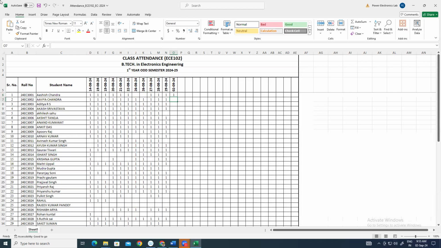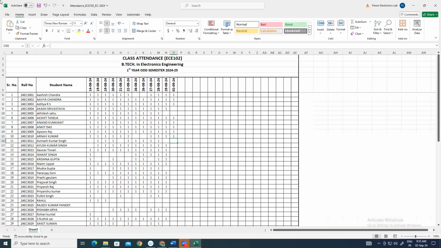Avya, present, sir. Aditya, present, sir. Akshit, present, sir. Anand, present, sir. Ankit, present, sir. Apurva, present, sir. Arnav, present, sir.